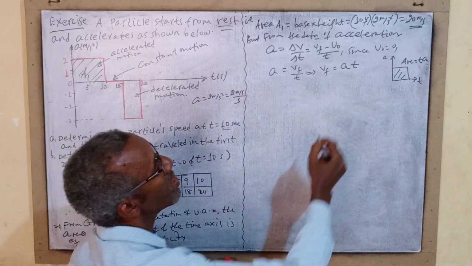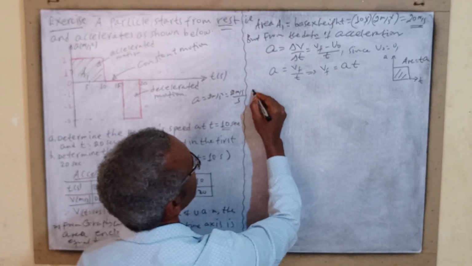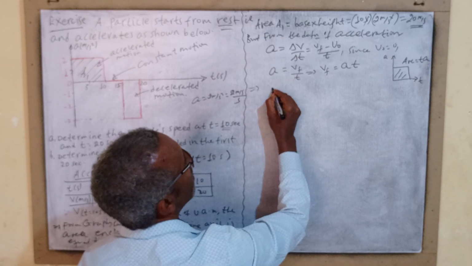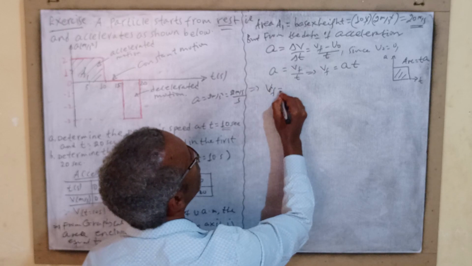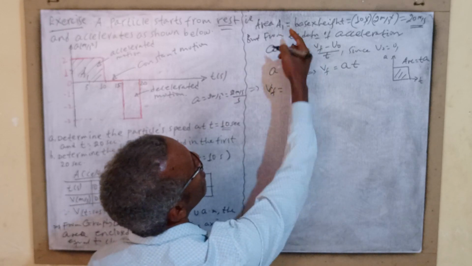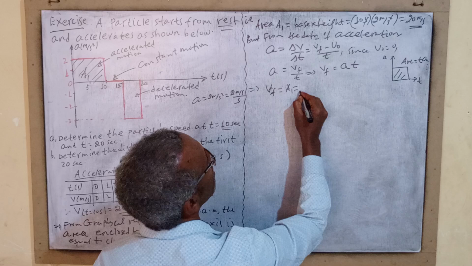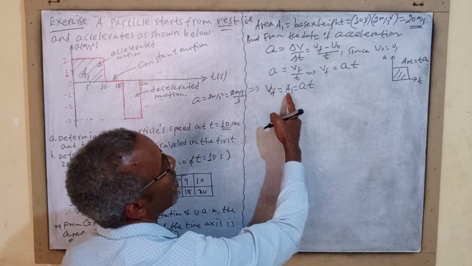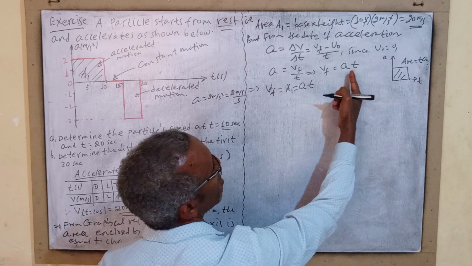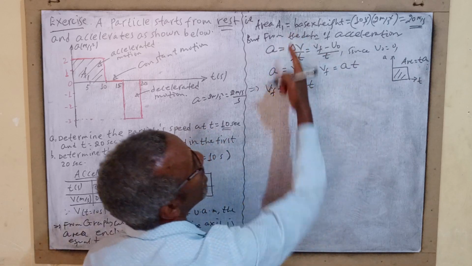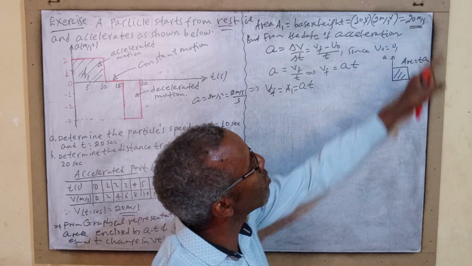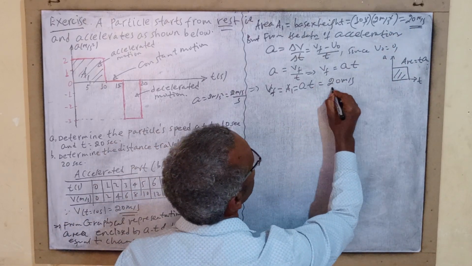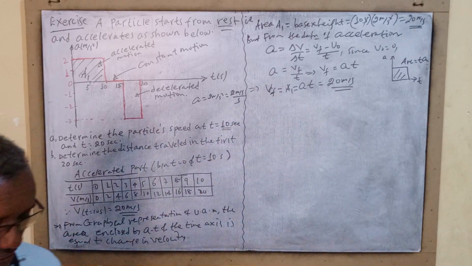And from this equation and this equation, V final is equal to A times T, and A times T is area 1. A1 is 20 meters per second, because A times T is the area under this curve, and that area is equal to 20 meters per second.